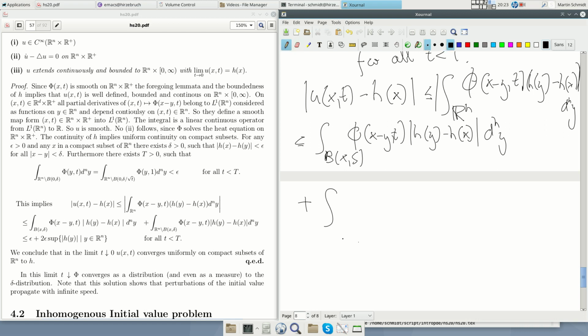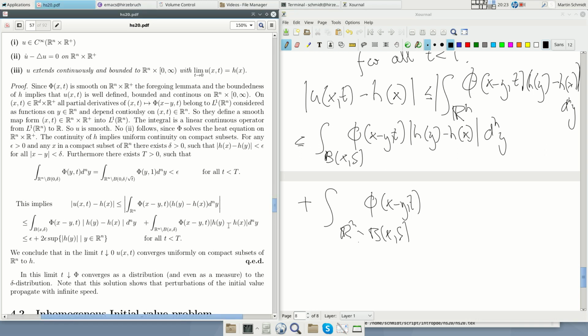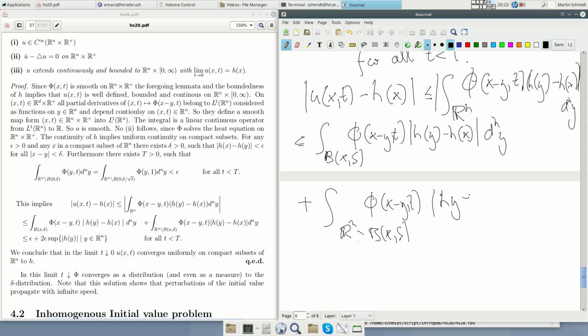Rn minus the ball, phi of x minus y, t. On this set, far outside, we estimate this, dy. Here we estimate this outside by 2 times the supremum.